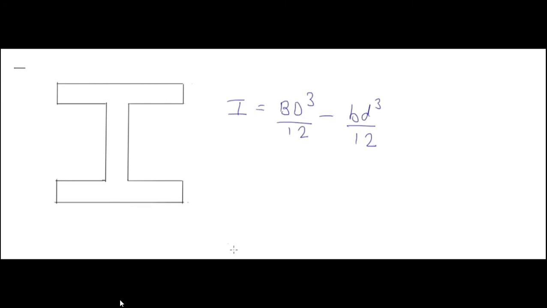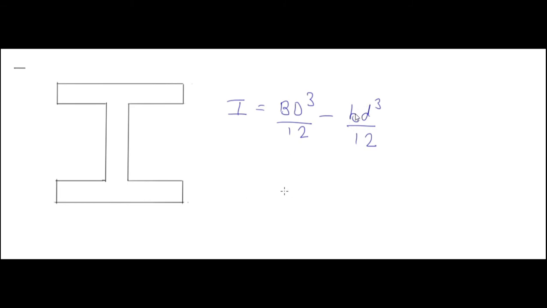So this is assumed as a complete rectangular object having base capital B and depth capital D. Now from this area you have removed a rectangular area, okay, a rectangular area of width small b and depth small d.